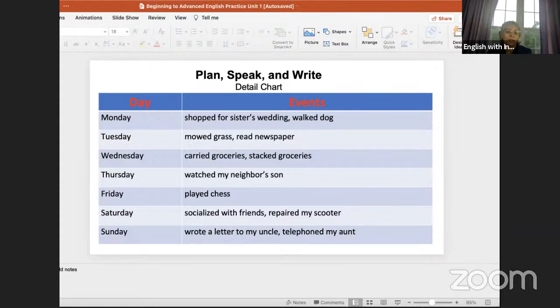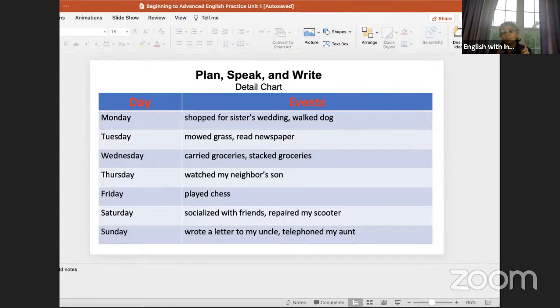Yes. Okay. So Saturday, socialize with friends, or if you want to use hangout, you can say hang out with my friends. Repaired my scooter, or you repaired anything. These are just a few examples we can use for language practice. Sunday, I wrote a letter to my uncle.